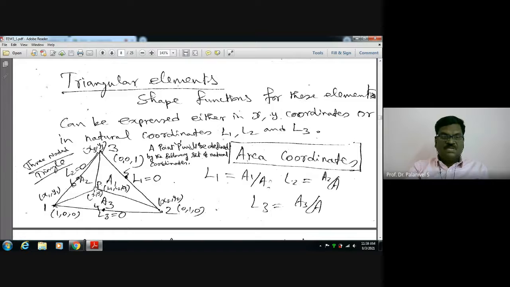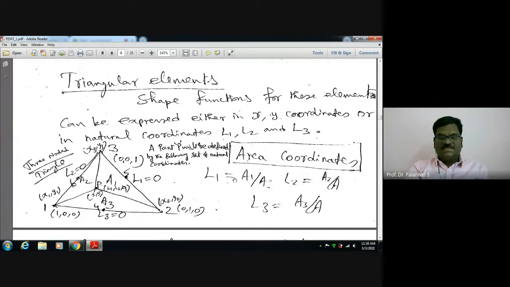Now, this chosen point subtends some subtriangles with the vertices. If I join this chosen point with the vertices of the triangle, I get some subtriangles here, right? Using this, I am getting area coordinates. How?